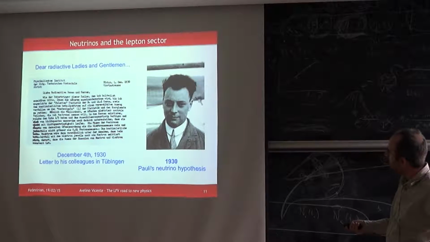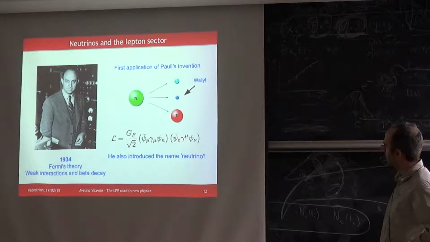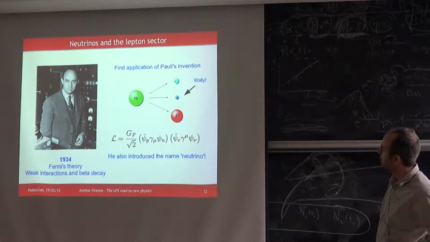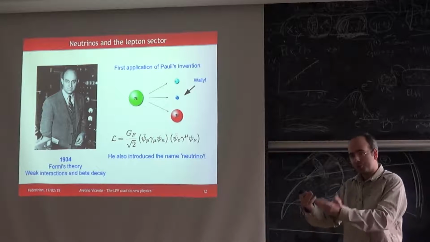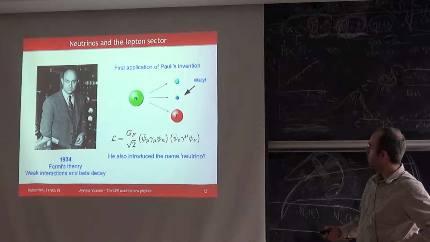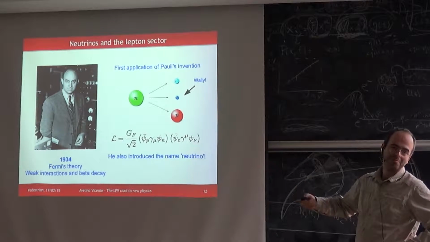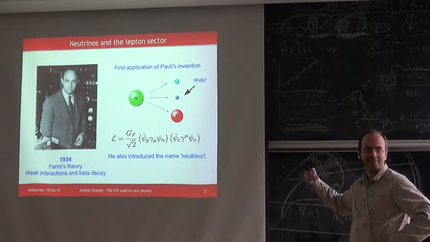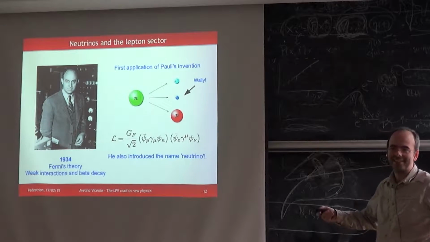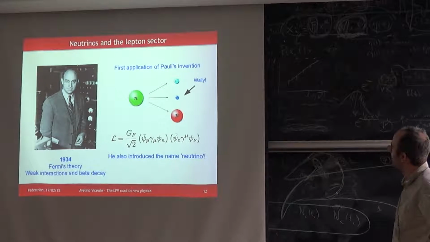That was in 1930, and just 4 years after that, Fermi, who was a wonderful physicist, proposed the first theory with the neutrinos. He also invented the name neutrino, because actually Pauli called it neutron. Then when the neutron was discovered, Fermi decided that this was smaller in a way, so he decided to call it neutrino instead of neutron.